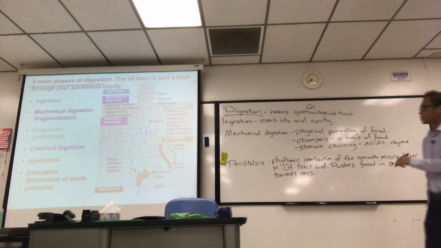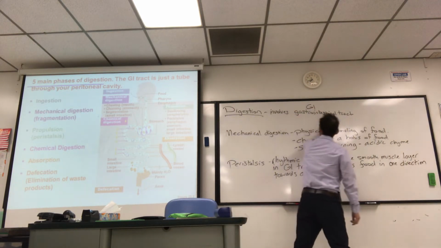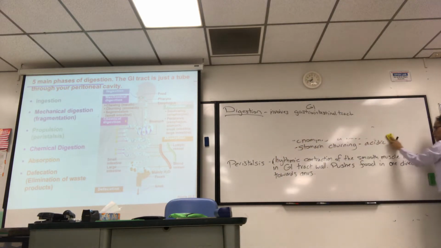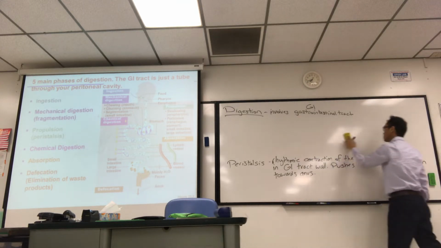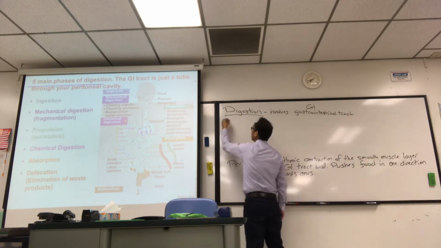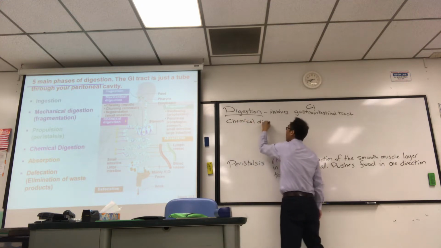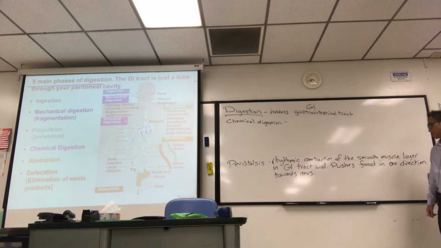So chemical digestion is true digestion. True digestion in the sense that you're breaking down the food at a molecular level.